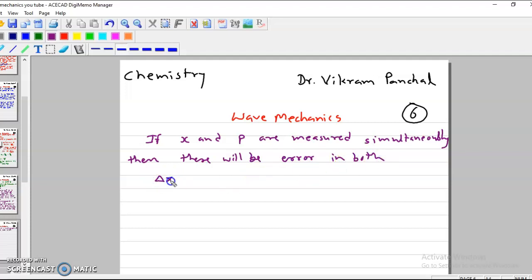So delta X times delta P will be proportional to lambda upon sine alpha into h upon lambda into sine alpha.